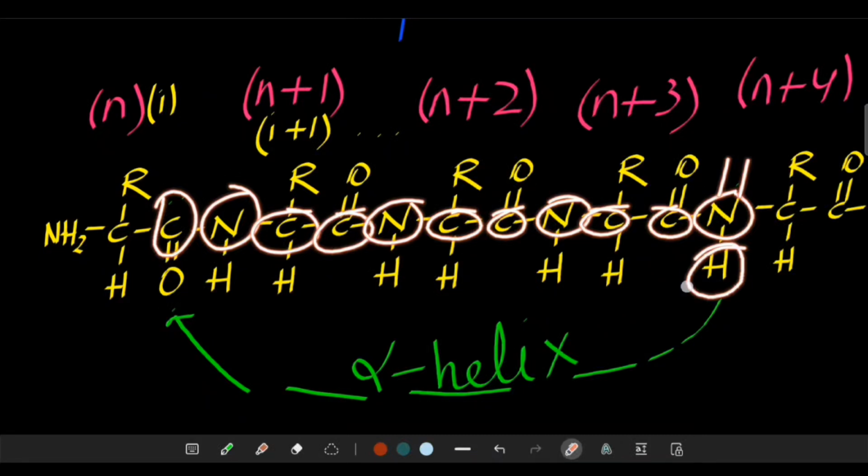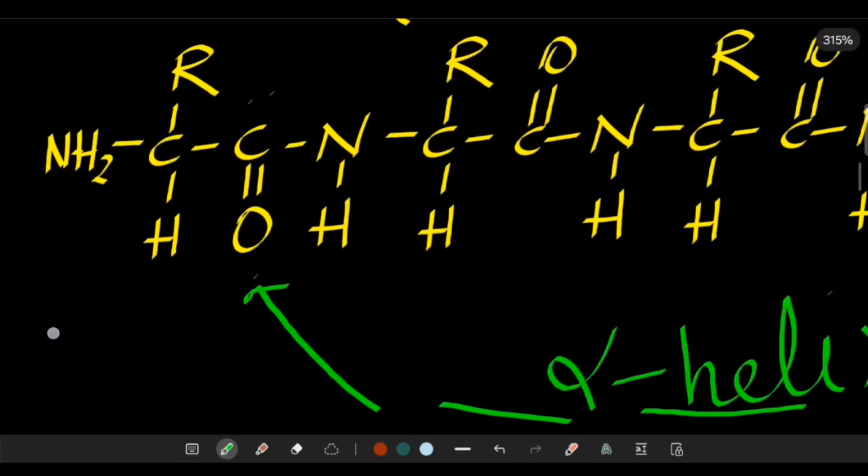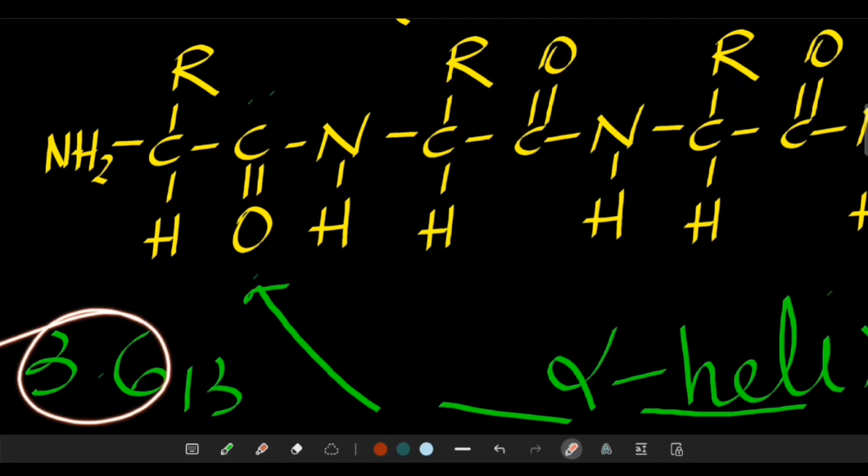So 12 and then 13. So there are 13 atoms involved in the formation of the alpha helix. Therefore the name itself says 3.6 and then 13. That means 3.6 is the number of amino acids present in the pitch, and 13 is the number of atoms responsible for the formation of the hydrogen bond.